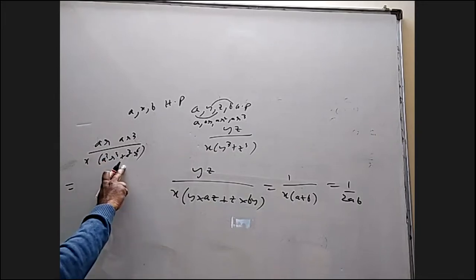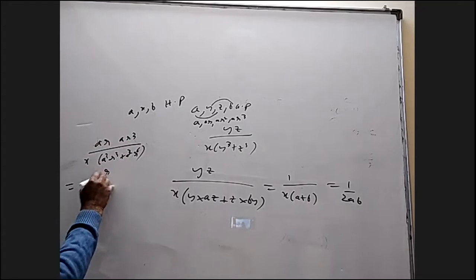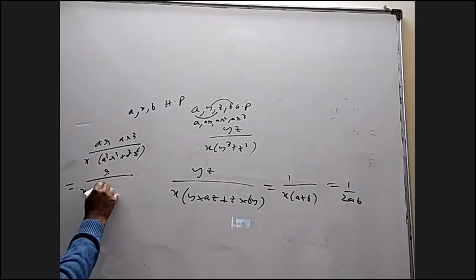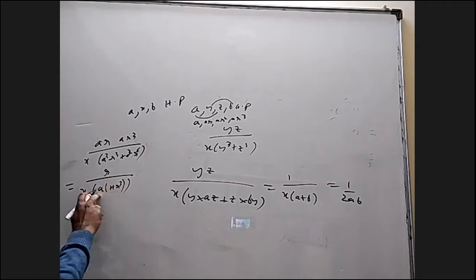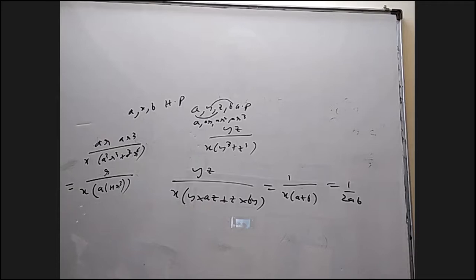Anyway, here still A cube I can cancel, R power 4, 1 R will be left, X will be left, 1 A will be left here with 1 plus R cube. So what is X I have to write here, then I will be getting the AB part. It's okay, this one is better. So this also will come, but this one is better.